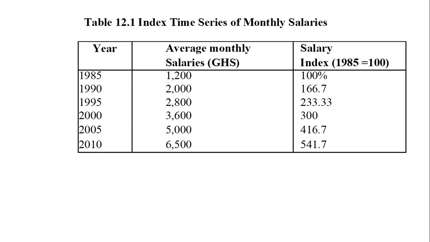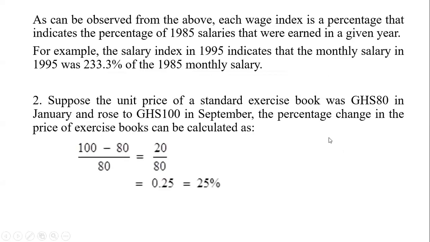If you take the 1995 salary compared to the 1985 salary, the result is telling you that the person is taking a salary of, in terms of percentage, 233.33% of the 1985 salary. Then take the 2000 salary, the same thing is happening. 300% of the 1985 salary, and the difference is a bit large. So that is what you see.